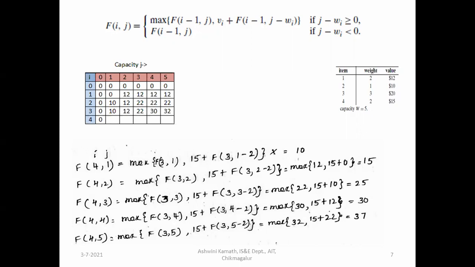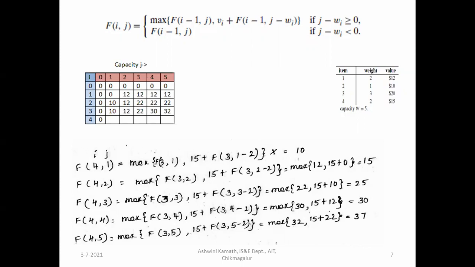Similarly, for f of 4 comma 4, we have f of 3 comma 4, which is equal to 30, and 15 plus f of 3 comma 2, which is equal to 12. So 15 plus 12 is equal to 27 here. Among 30 and 27, 30 is the maximum value. That will be assigned to f of 4 comma 4.